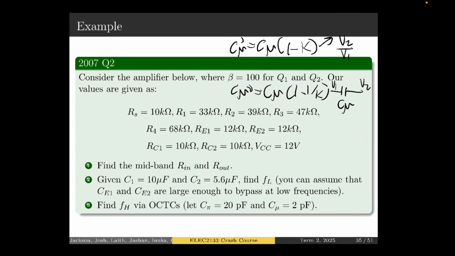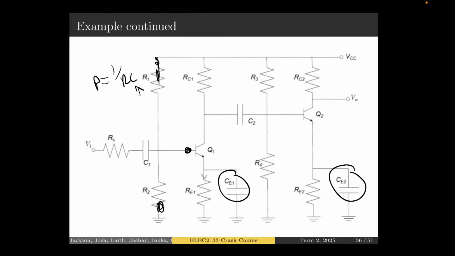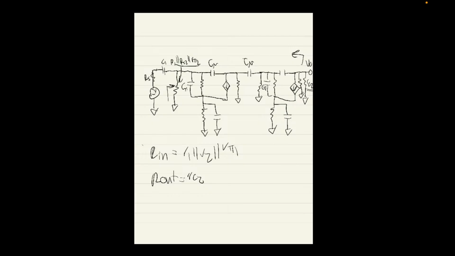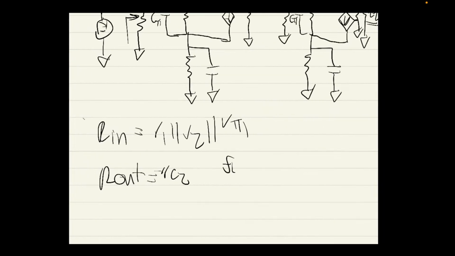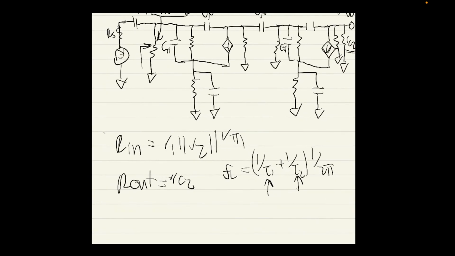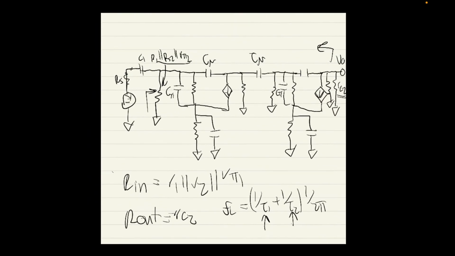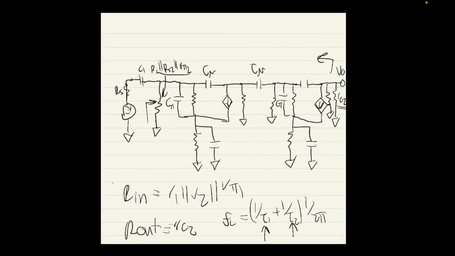find C1 and find FL and FH. Okay, so I can probably state how you do this. FL would be 1 on tau 1 plus 1 on tau 2, and then you divide by 2 pi. For tau 1, you would open circuit C pi and C mu.